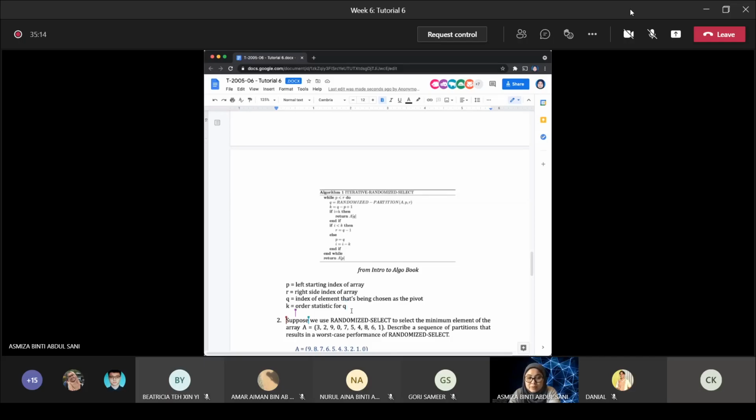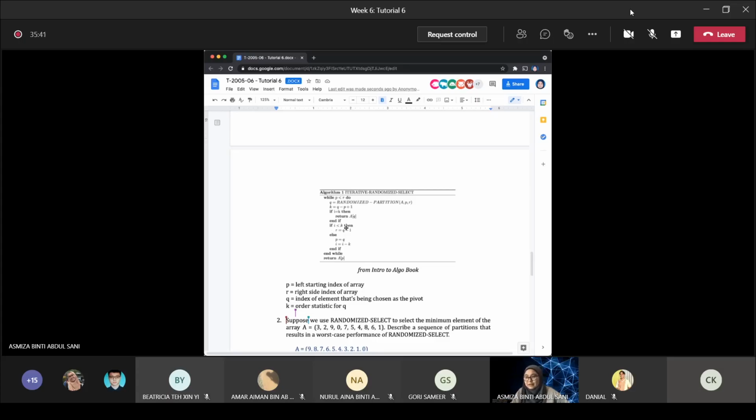You know that the element you are looking for is not in the lower subarray, so it would be in the upper subarray. If I is equal to K, then if you are looking for the fifth biggest element, you have found it.